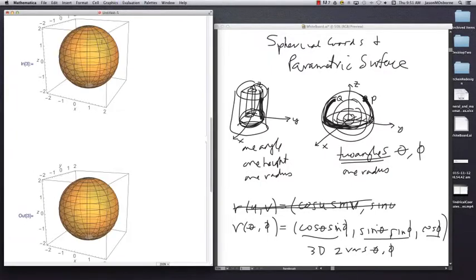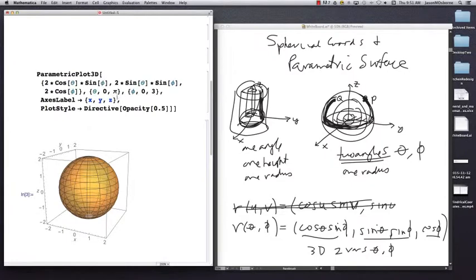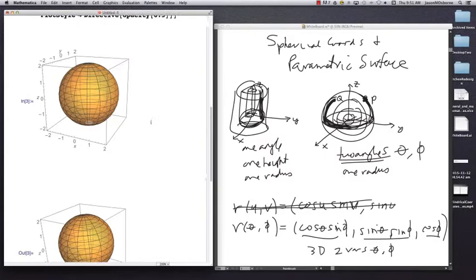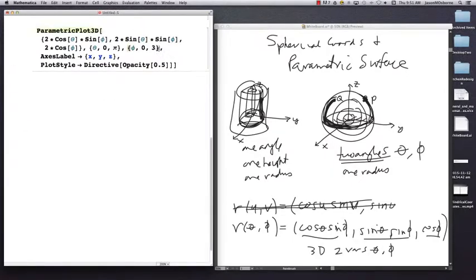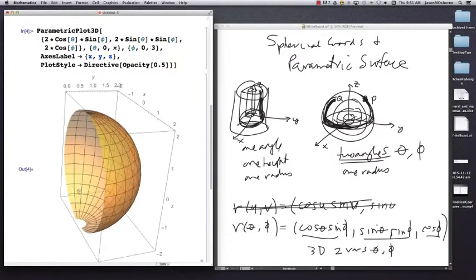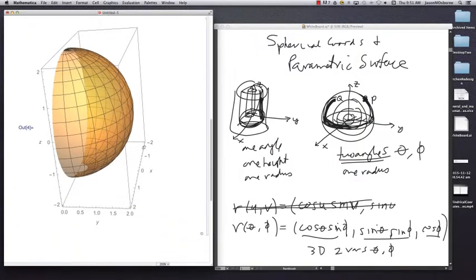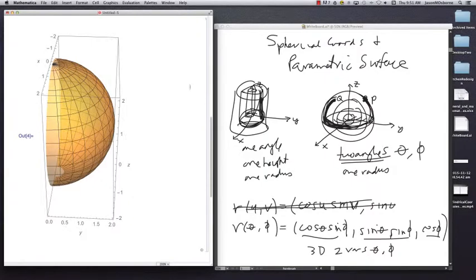And if you plot this, okay, something happened there. Let me get rid of these plots. And I changed theta to only 0 to pi. And there you go, you have only half of the sphere in the xy plane.